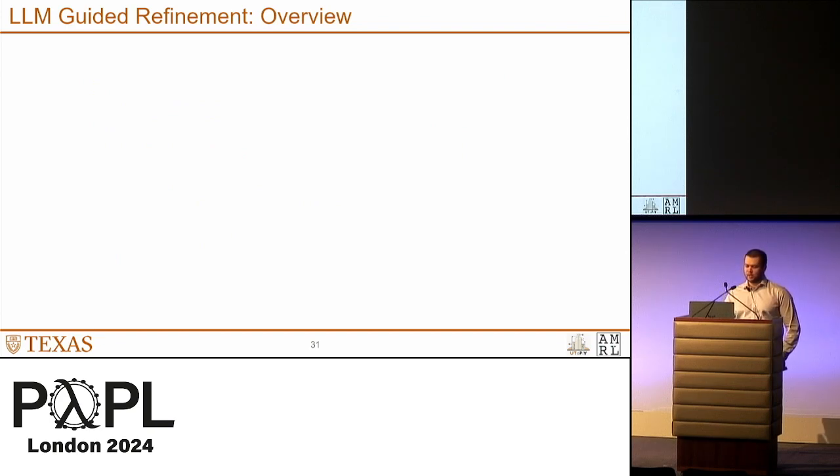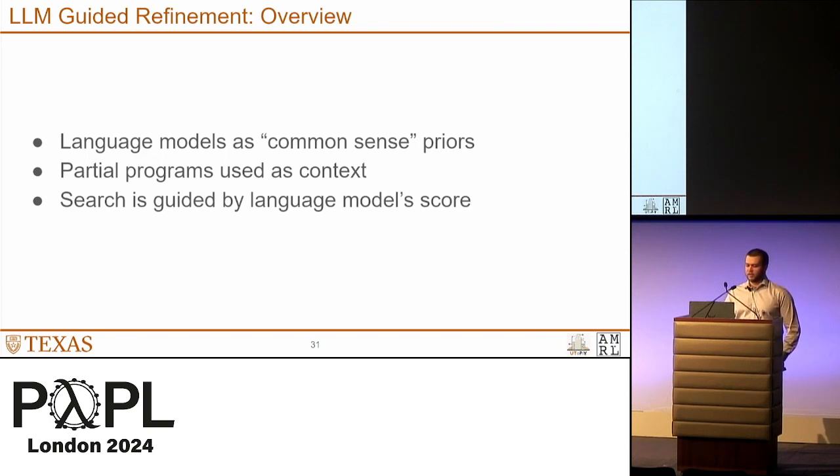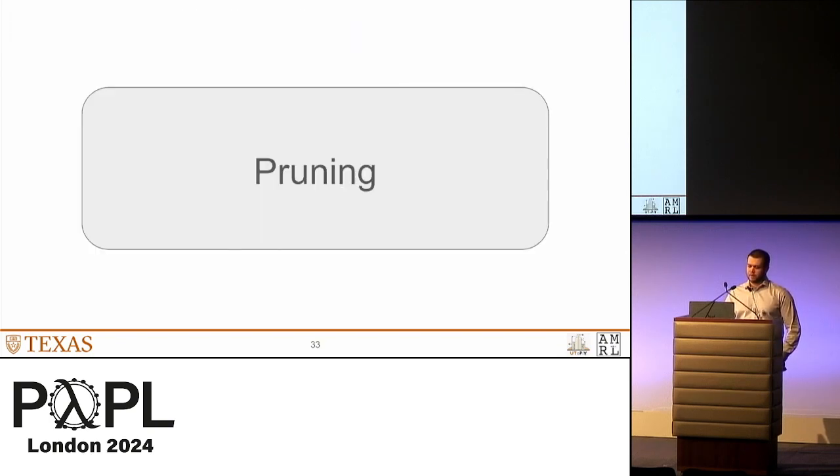In summary, PROLEX uses large language models as common sense priors over the real-world semantics, with the partial program as context to guide enumeration towards more likely partial programs based on the language model's score. However, even with the gains made by the large language model sketch refinement, many non-feasible partial programs must be elaborated. This motivates our pruning procedure.